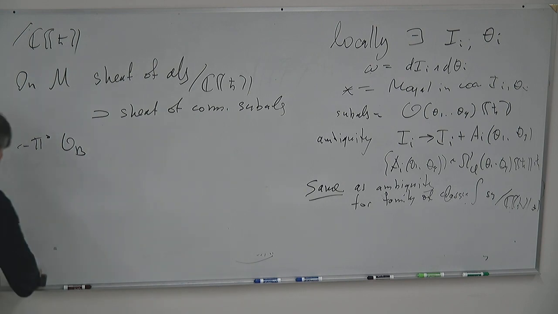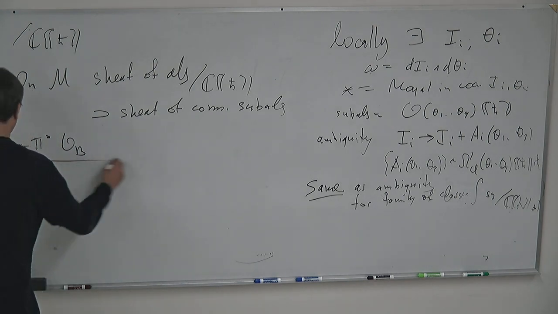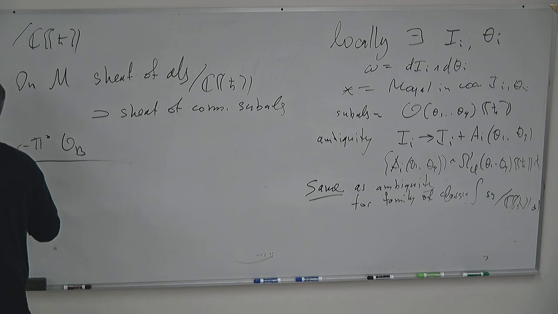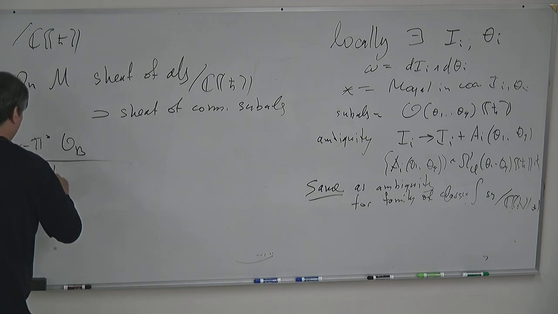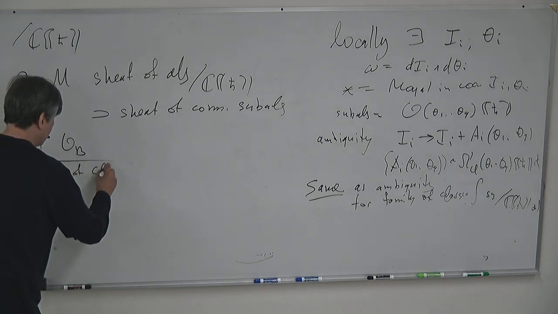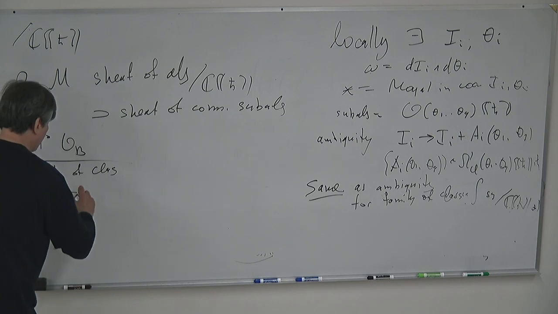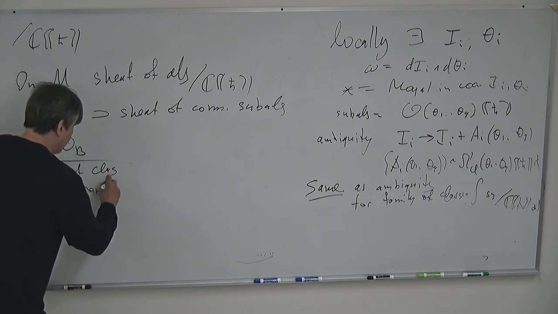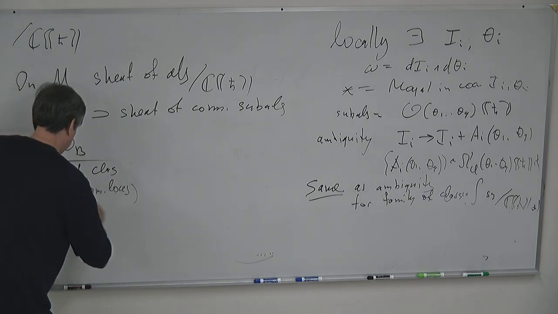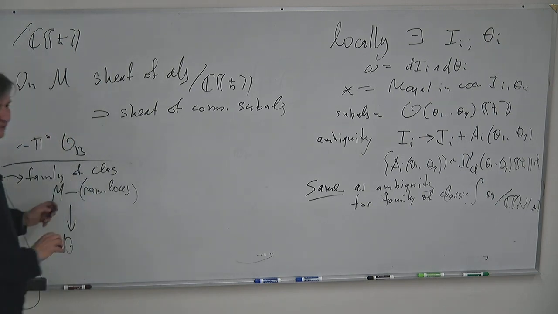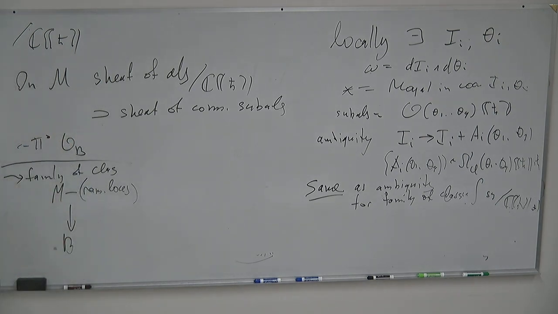So what happens? This quantum integrable system gives you a family of classical integrable systems, but for M you remove the ramification locus. You still map to B, and remove something of complex codimension 2.